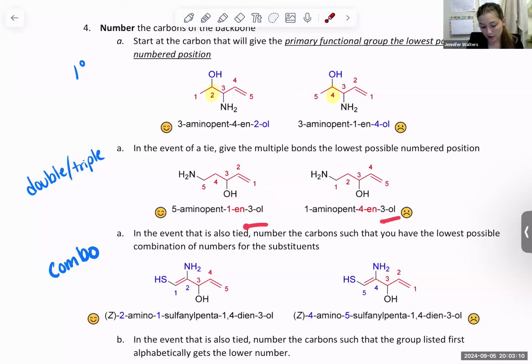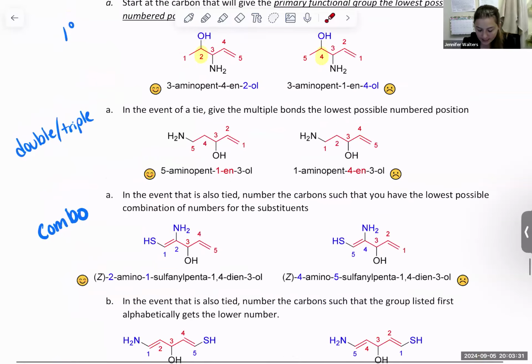If that's going to be the same number no matter what, then you consider the parent functional group. And if that's still a tie, or if you don't have a double or triple bond, then you are going to do the smallest combination of numbers. So here the alkene was my deciding factor.